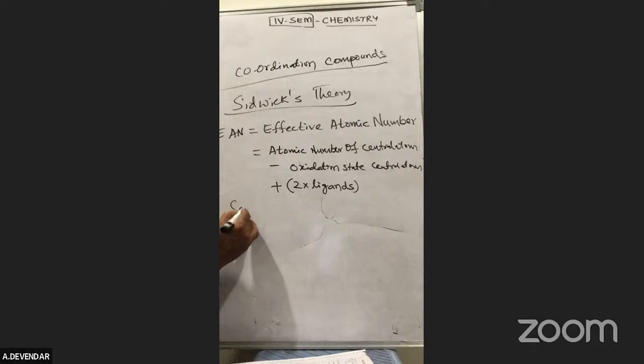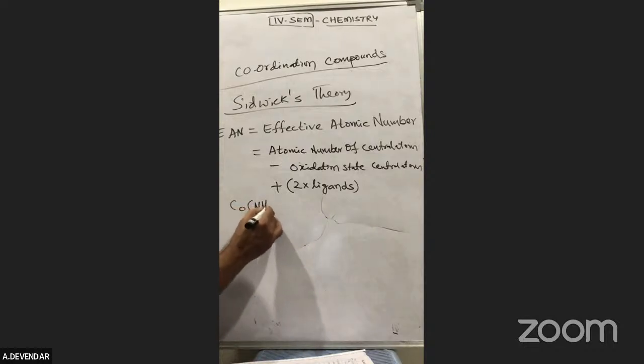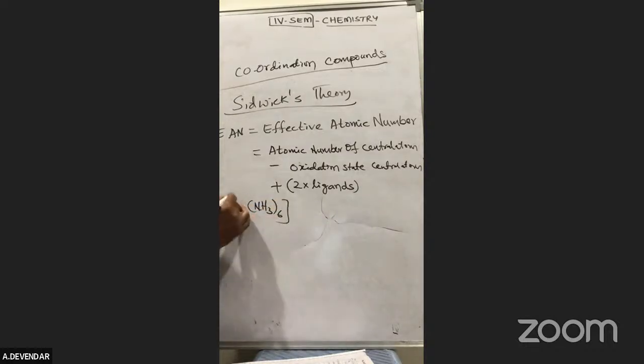Let us see the example we just discussed with Werner's theory. The oxidation state is +3. The central atom is cobalt. What is the atomic number of cobalt?